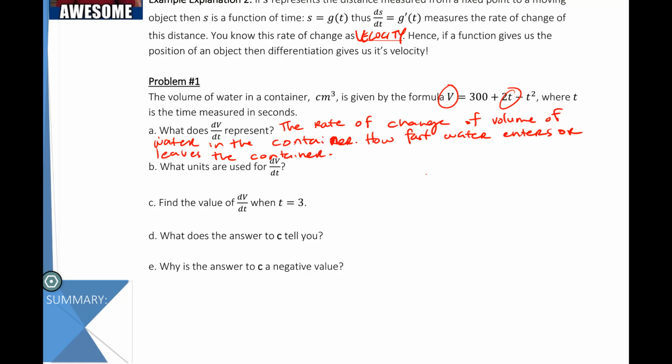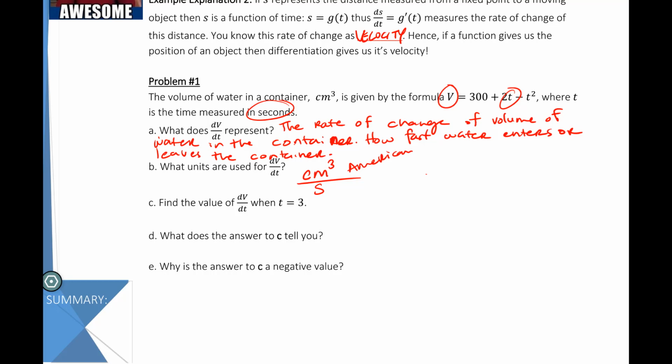So what units are used to describe this dV over dt? Well, we're talking about the rate of change of volume, so that's still going to be in those units, centimeters cubed, but this is happening in terms of time. Well, it must be changing with respect to time. Our measurement of time was in seconds here, so it's centimeters cubed over s. This is the American way that we would write it out, most standard.